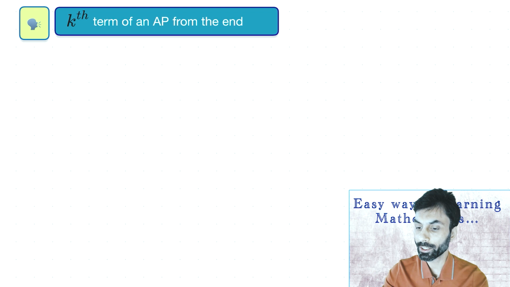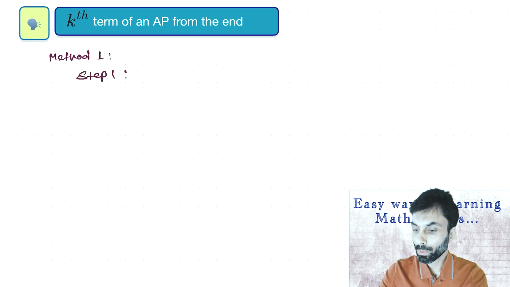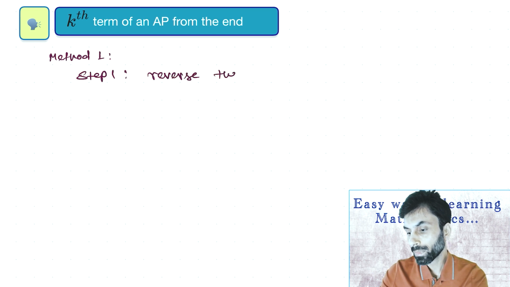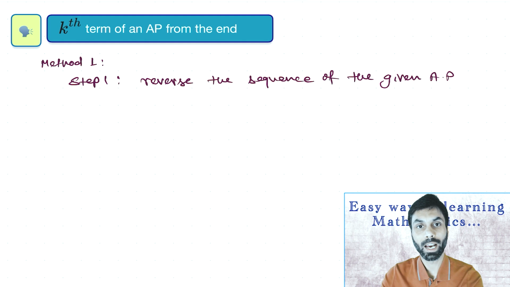The first method: step 1, we reverse the sequence of the given AP. As we know, even if we reverse the sequence of an AP, the obtained sequence will still be in AP with the change in the sign of common difference.